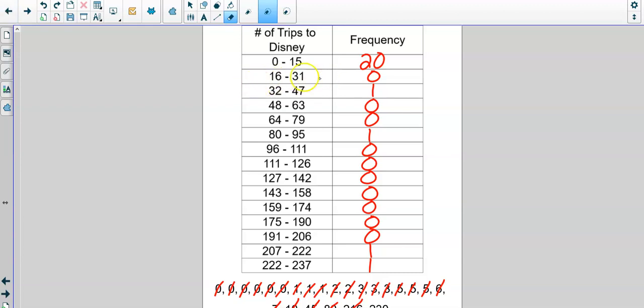This next class width is 16 numbers. 16, 17, 18, 19, 20, 21, 22, 23, 24, 25, 26, 27, 28, 29, 30, 31. I counted out 16 numbers. All of these classes are 16 numbers apart. So when I draw their widths, they all have to be the same, because each class is the same width.